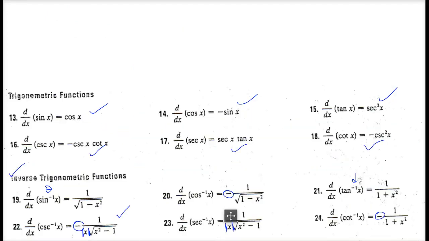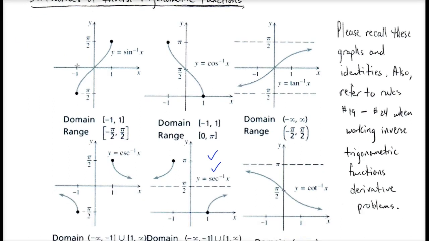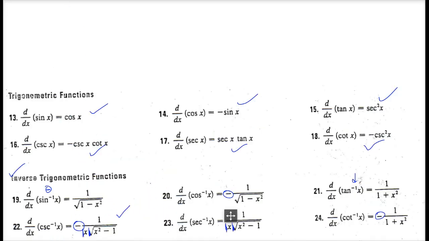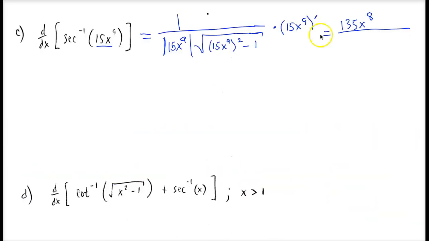So if we go back, as you can see here, the graph of secant inverse is always increasing because the slopes of the tangent line are always positive. So we have to make sure that we have positive answers, even though there are some negative values of x that we can plug in here. So understanding that, let's go back to this example here.